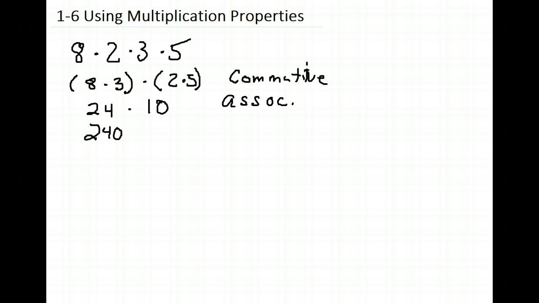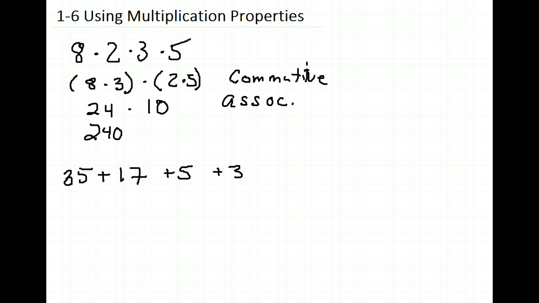Okay, here's another one. This is example 1a. So we have 35 plus 17 plus 5 plus 3. The first step is to use the commutative property and reorganize this in a way where we can simply add.